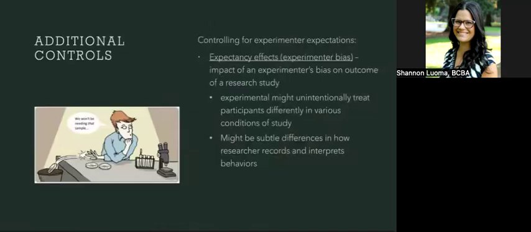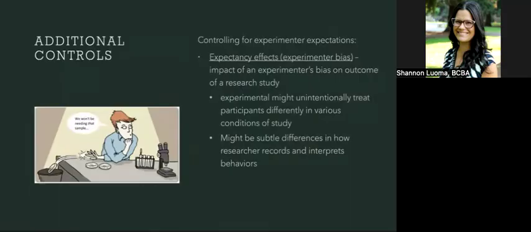All right, some additional controls we can look for in terms of experimenter expectations. We as researchers and experimenters can have expectations for what data we're going to have. Of course, these expectancy effects can introduce bias, which we don't want, right? Our bias can impact the outcome of the research study.